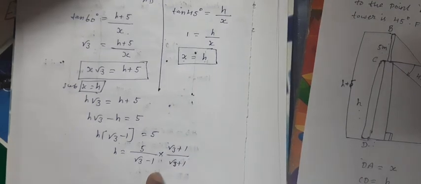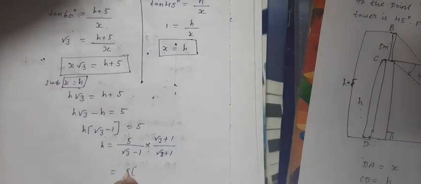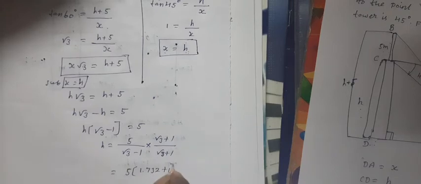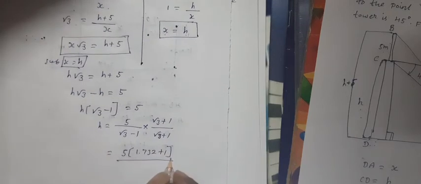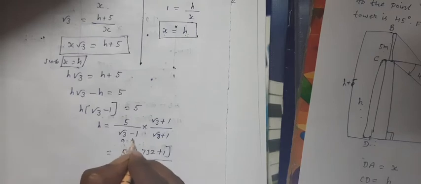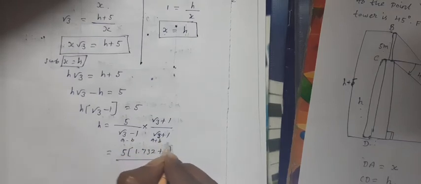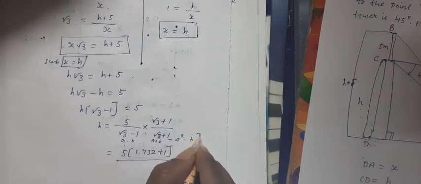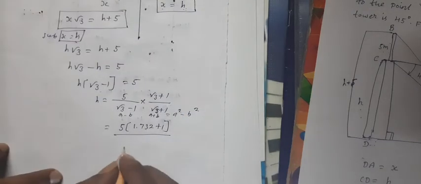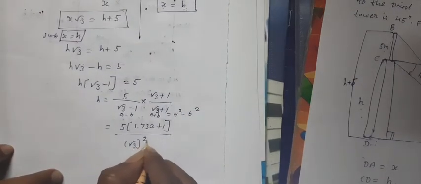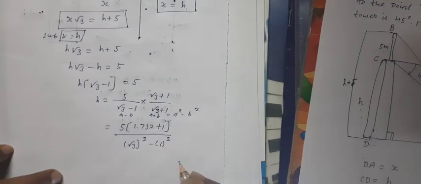For the denominator we use the formula (a minus b)(a plus b) equals a square minus b square. So here a is root 3 square and b is 1 square.